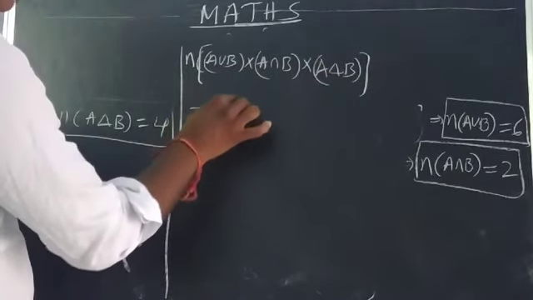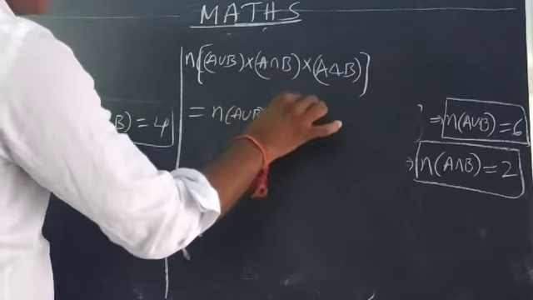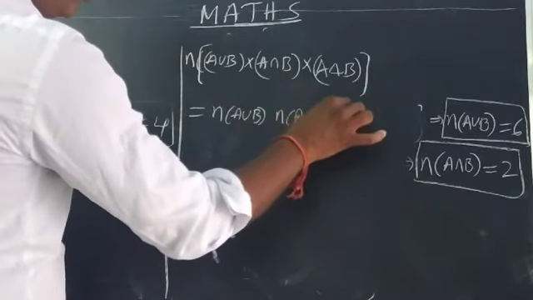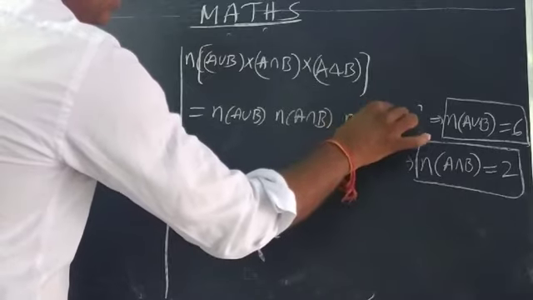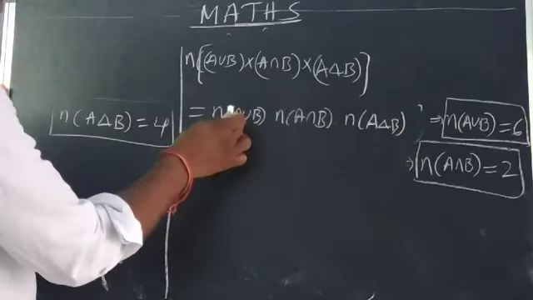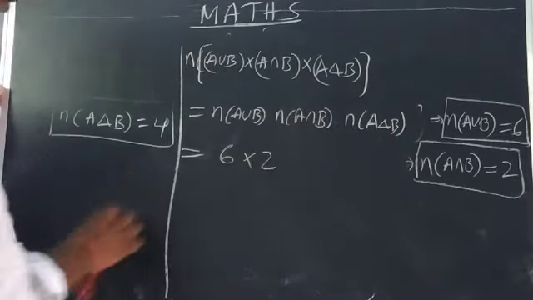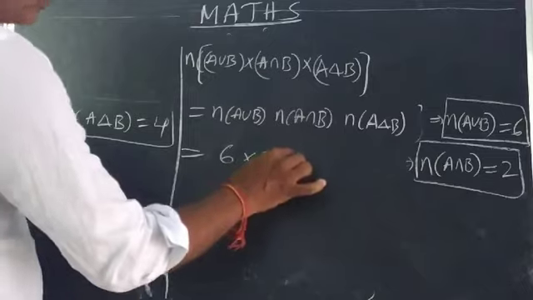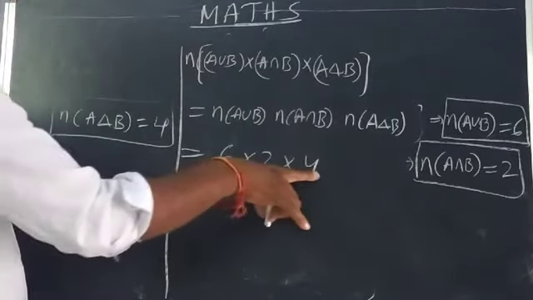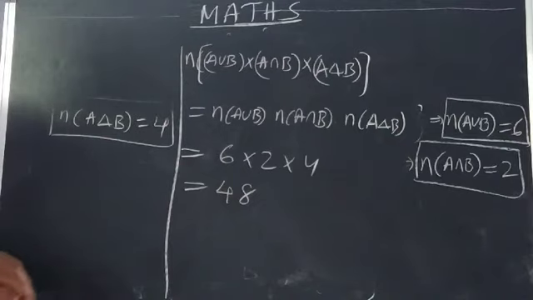That equals n(A union B) into n(A intersection B) into n(A symmetrical difference B). Already we got A union B: 6 elements. A intersection B we got 2. Symmetrical difference 4. 6 times 2 is 12, 12 times 4 is 48. 48 is the answer.